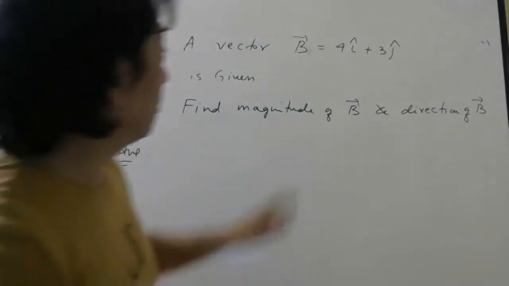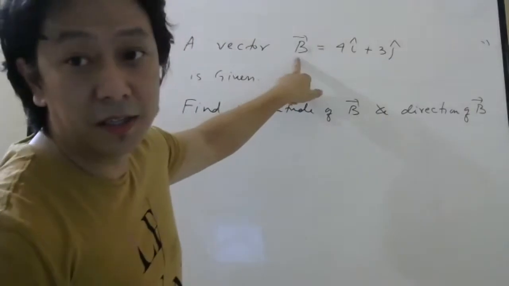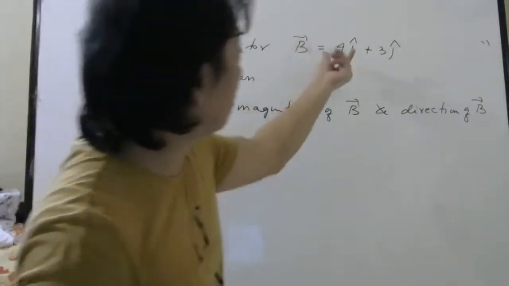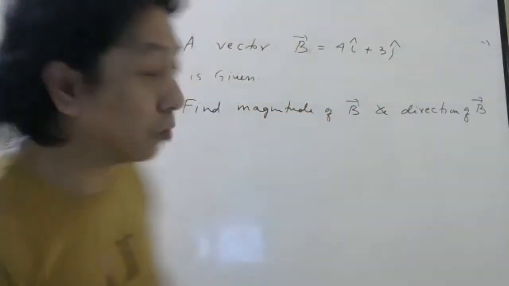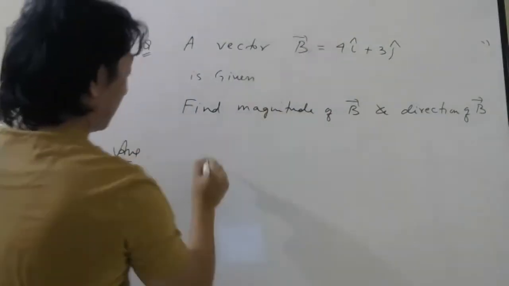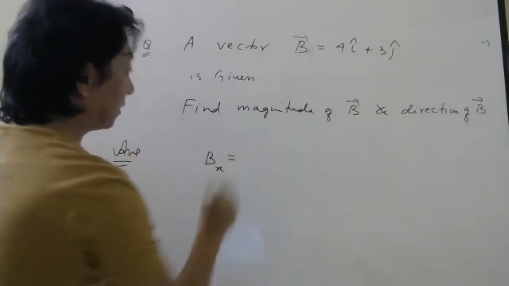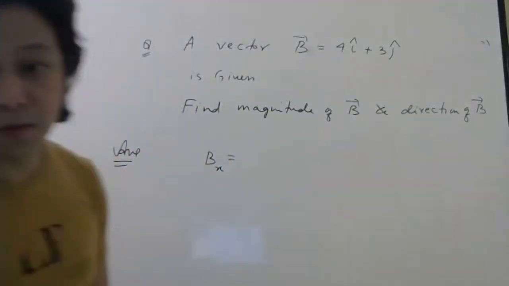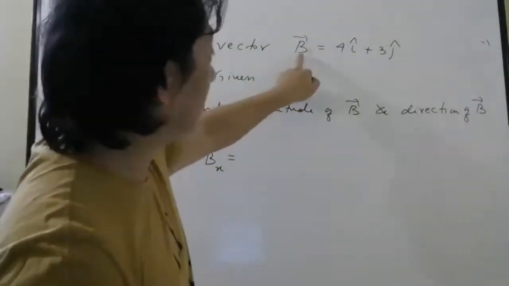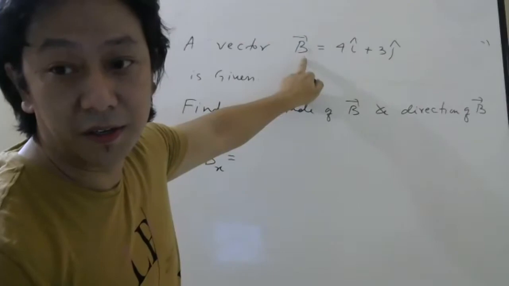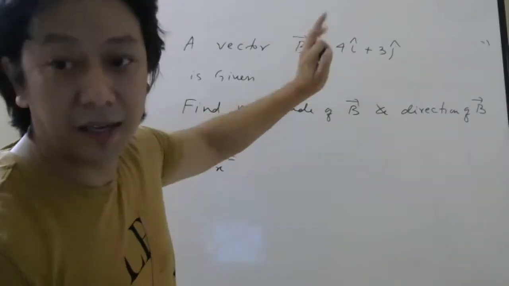Okay, so they have given you this vector in the form of components, you see. So what is the x component of this vector? Directly don't tell the answer.